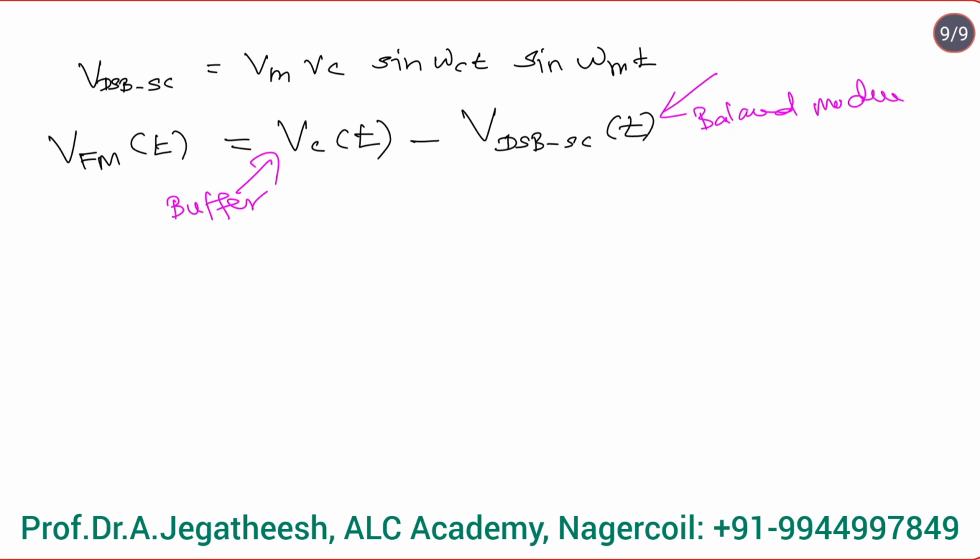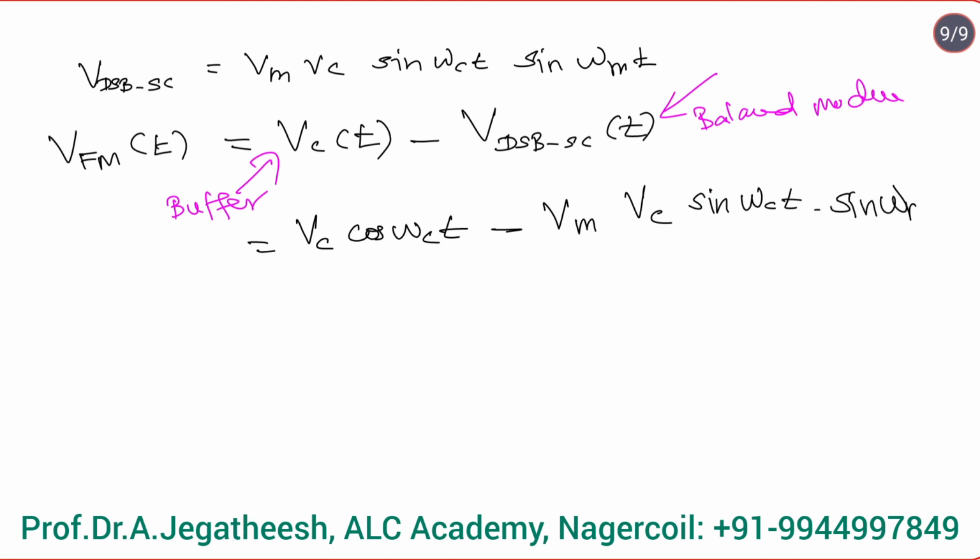So you will get Vc cos omega ct minus Vm into Vc sin omega ct into sin omega mt. This is the output of the FM signal, that is the output of the combining network.